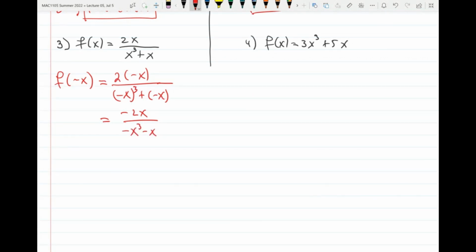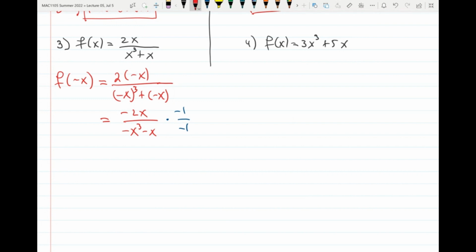So apparently when you look at this, this doesn't look like the original function. The question is, can you make it look like the original function? Well, we could multiply top and bottom by -1, or we could factor out -1 down here to cancel this one, whichever you prefer. For example, I'm gonna multiply top and bottom by -1. Remember, you're free to do this, right?